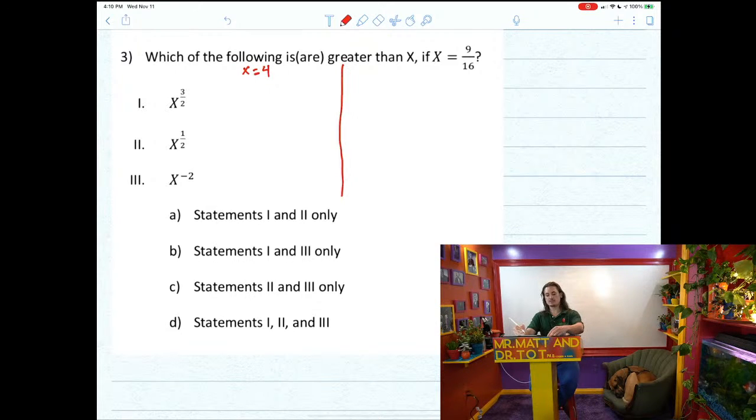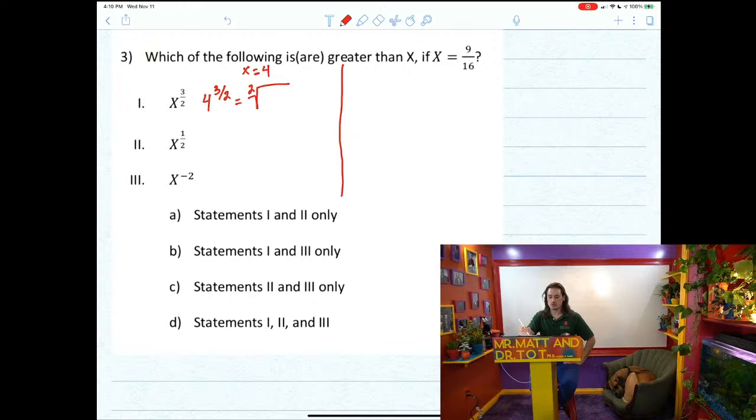Okay, so again, I'm just going to assume that x is greater than 1, and I'm just going to pick x being equal to 4. And then to evaluate if x is in between 0 and 1, I just flip that logic around. So if x was 4, then in statement 1 we would have 4 raised to the 3/2 power. We can convert this into a radical because the denominator of the exponent becomes the index value of the radical.